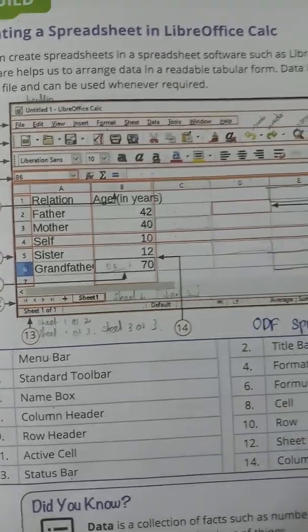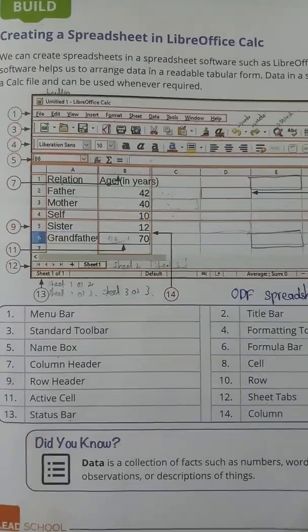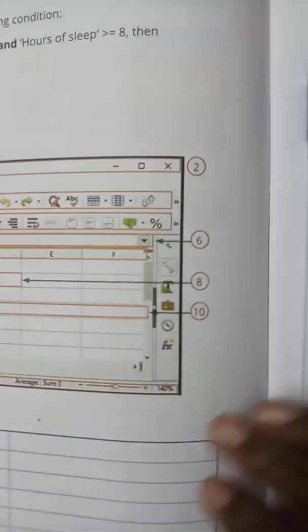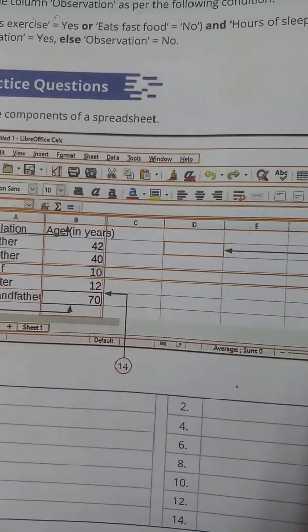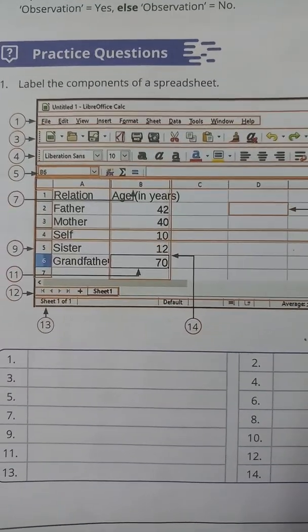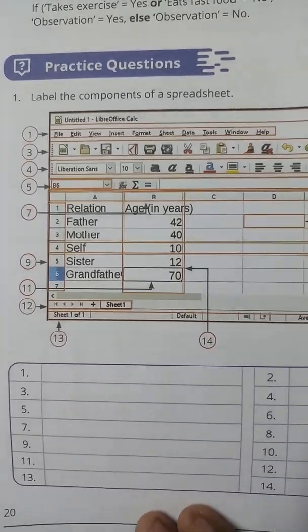So you only need to label the components of the spreadsheet here.